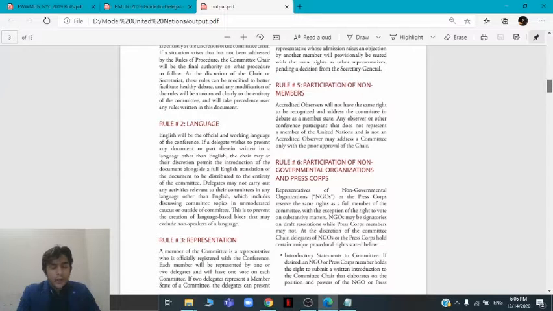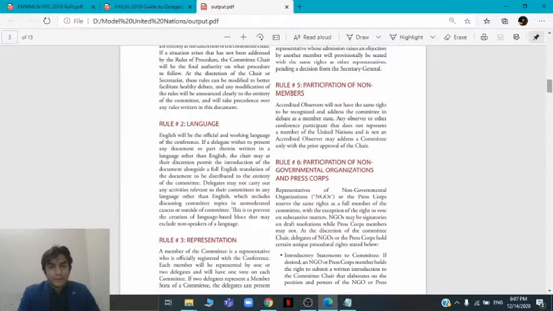What this rules of procedure says is that English is the official working language, and what you are going to speak is all in English. Even if you want to present or speak something in a different language, firstly it depends upon the chair's discretion, whether he gives you permission to speak in any language other than English.